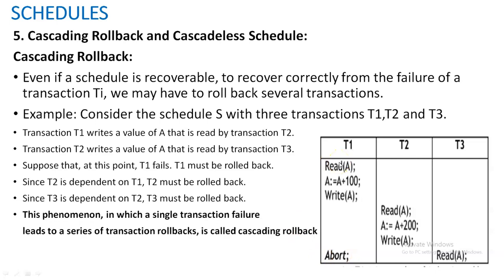Once T1 has been rolled back, T2 should also roll back to the original state, and T3 should also roll back. So if two or more transactions depend upon each other and any one of the transactions rolls back, then all the others should also roll back to the original state. This is called cascading rollback.